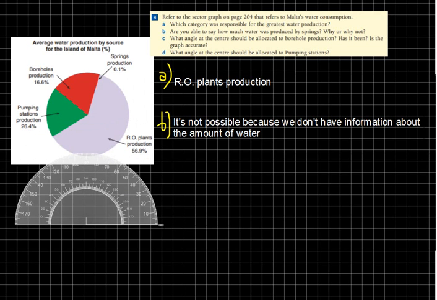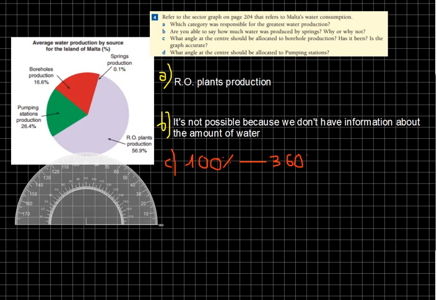Alright, it's simple. First of all, let's move on with part C, and here we can use a simple rule of 3. We can say that if 100% corresponds to 360 degrees, remember that this pie chart is a complete circle, and every complete circle has 360 degrees.